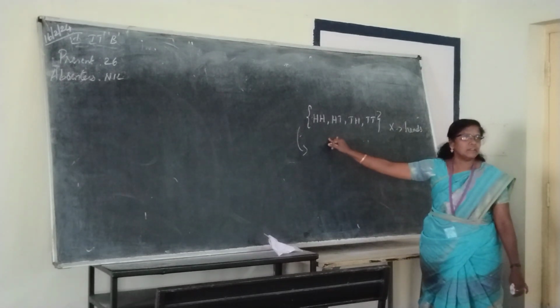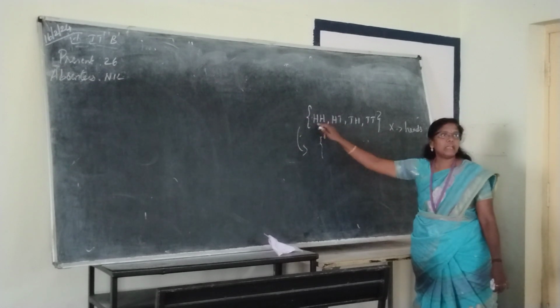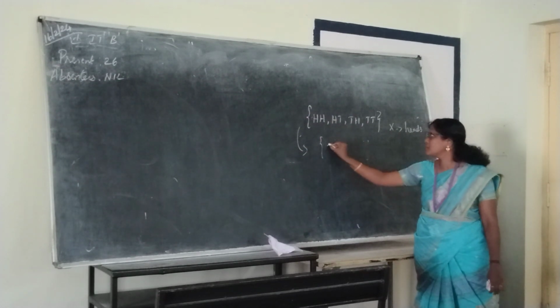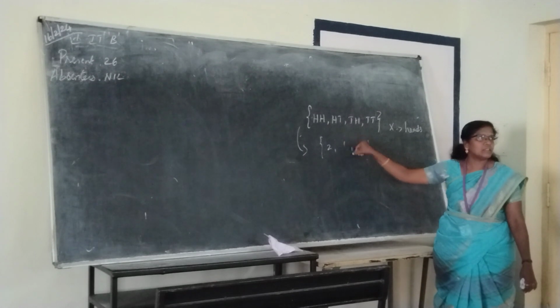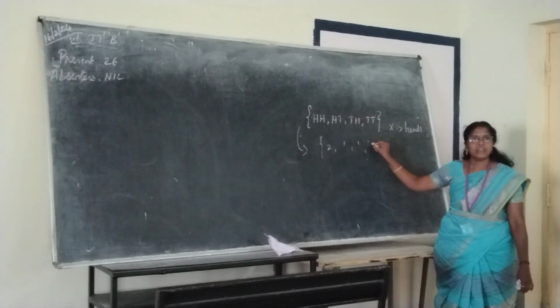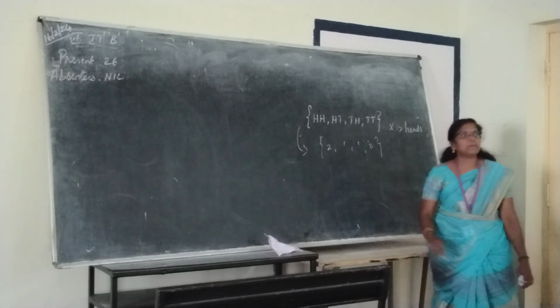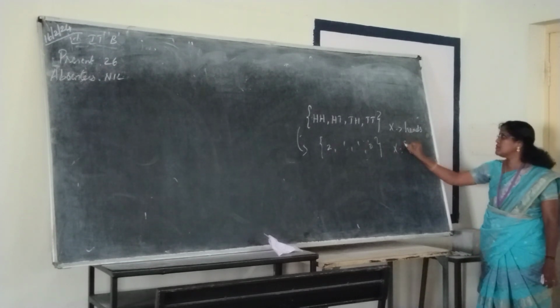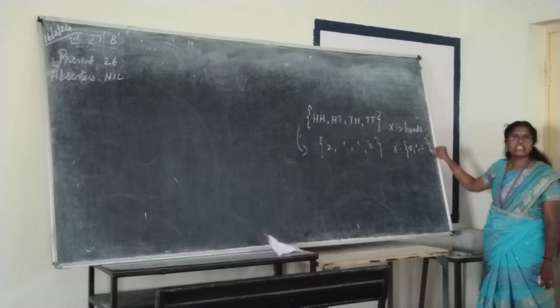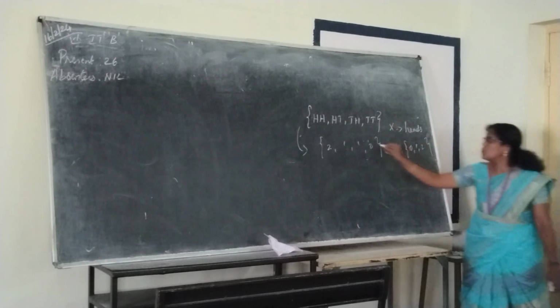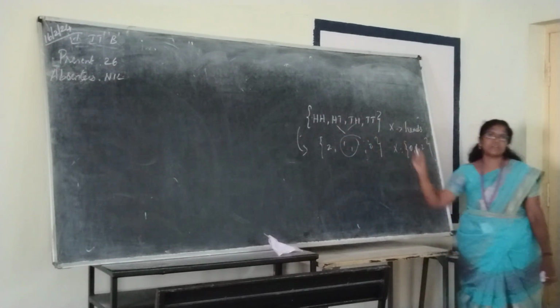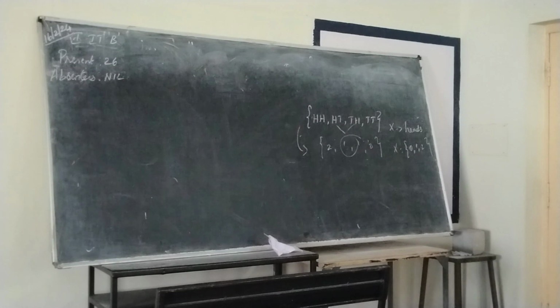How many heads are there? 2. Second one? 1. Third one? 1. Last one? 0. So the possible random values for my problem will be 0, 1, 2. These are the corresponding random values. So you are going to convert everything into values, so that it will be easy for us to do the calculation other than with the sample space.